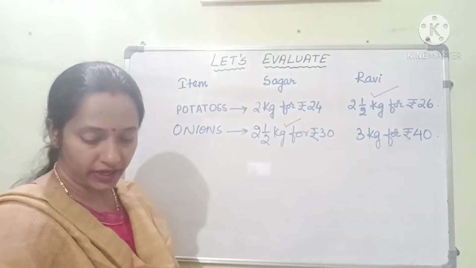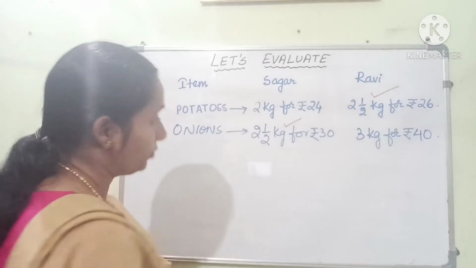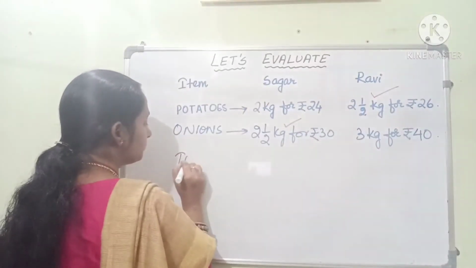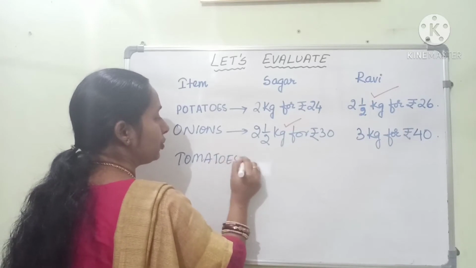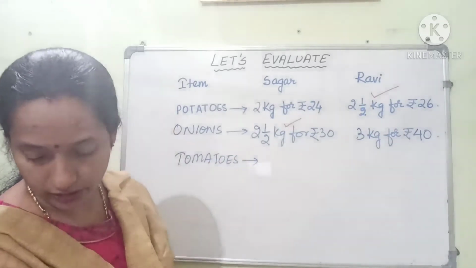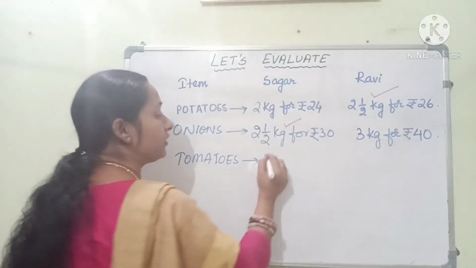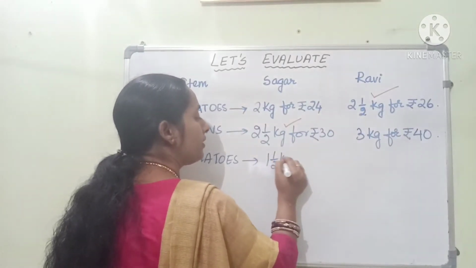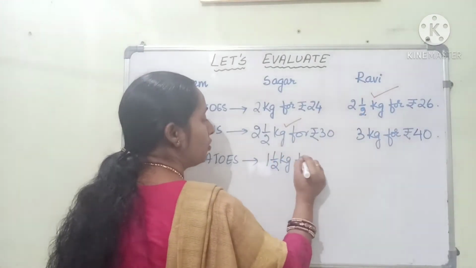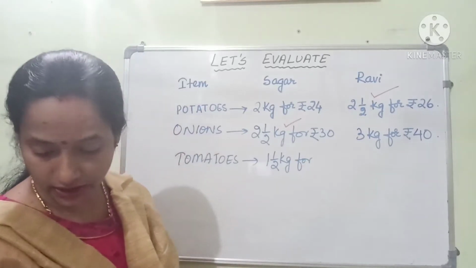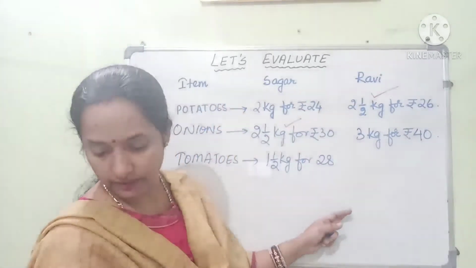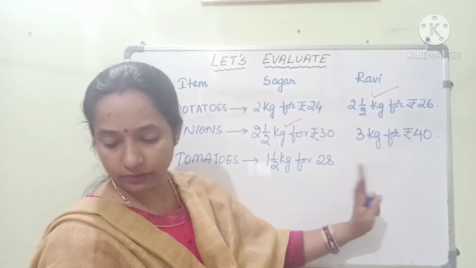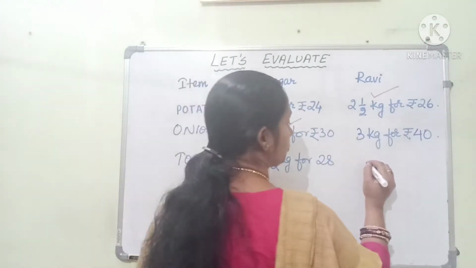Now we will find for tomatoes. Tomatoes were bought how much? 1.5 kilograms of tomatoes were bought by Sagar for rupees 28, and 2 kilograms were bought for rupees 28.